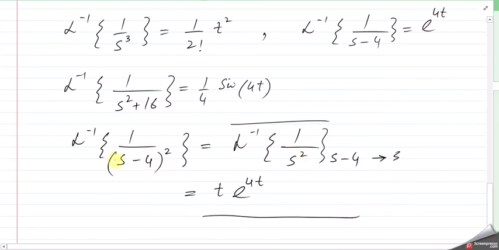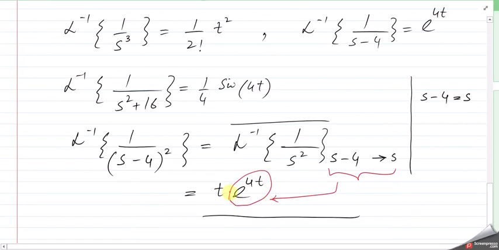We put s minus 4 equal to s. So when we put s minus 4 equal to s, this thing becomes s square, and this part gives us e power 4t in the answer. Okay? And this part, let's use a different color for it.